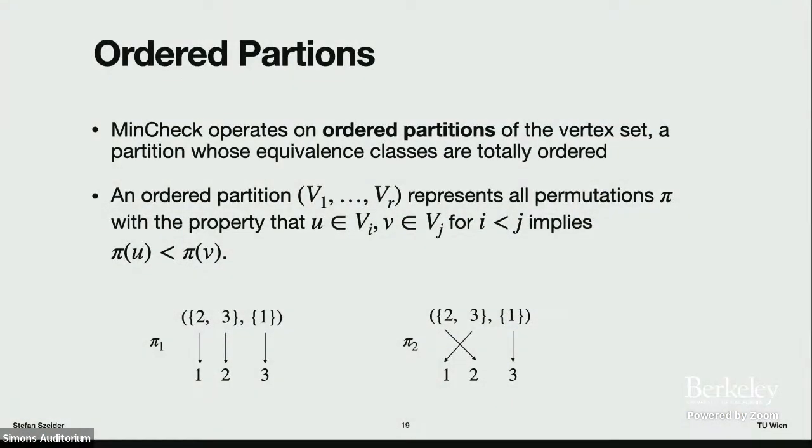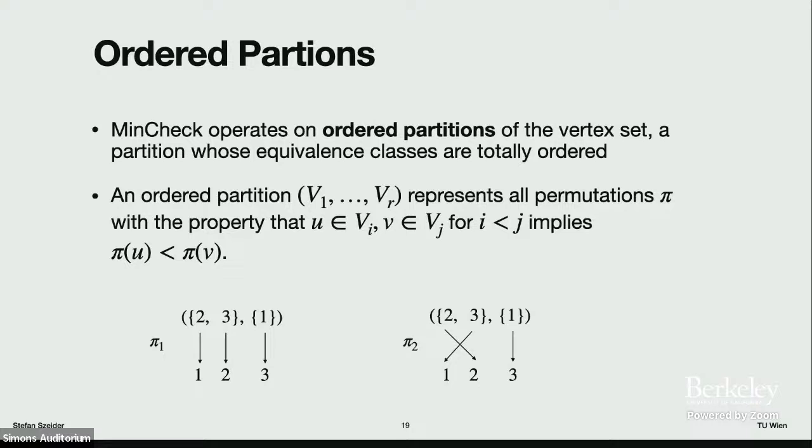And for this algorithm, a very fundamental concept is what we call an ordered partition of the vertex set. The ordered partition is, as you would guess, a partition of the vertex set into, let's say, V1 to VR equivalence classes. Usually for a partition you would have curly brackets, because the partition doesn't order the equivalence classes in some order. But here we have this linear ordering. And such an ordered partition represents a set of permutations.